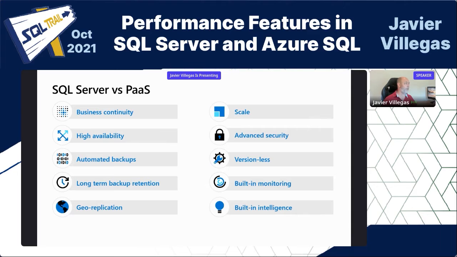So if, let's say, we need more horsepower, right? Compute power, better disk, more virtual cores, more memory, etc., we can just go to the Azure portal, and in a matter of a few minutes, with a few sliders, we just scale up or down, right?